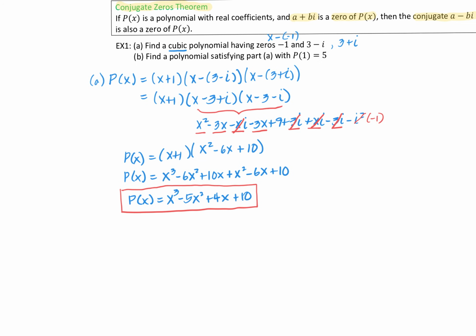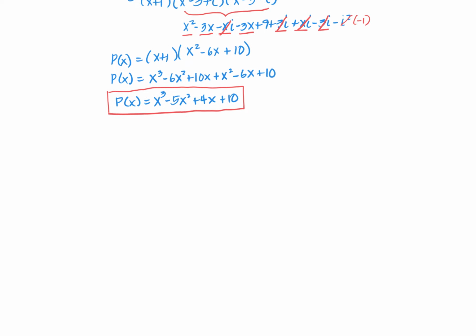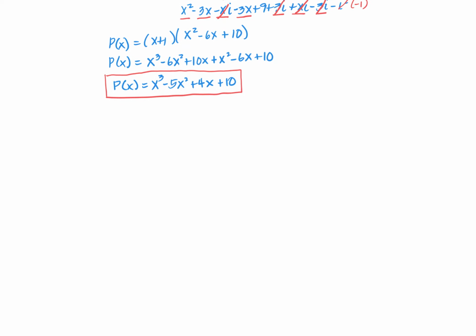Now the second part of this, part B, says find a polynomial satisfying part A. So we already found that polynomial. But in this case, we're going to have this special condition that p of 1 is equal to 5. Okay, so let's think about that. We need p of 1 equal to 5.